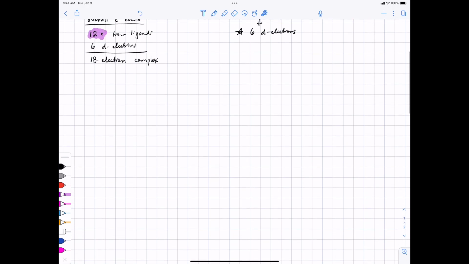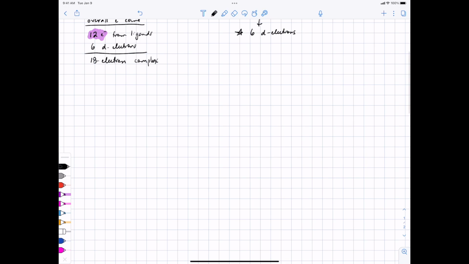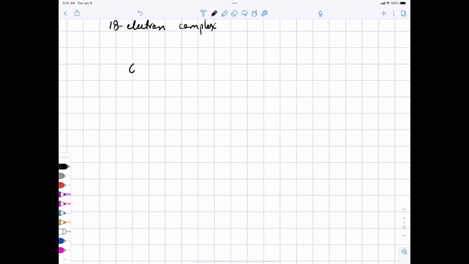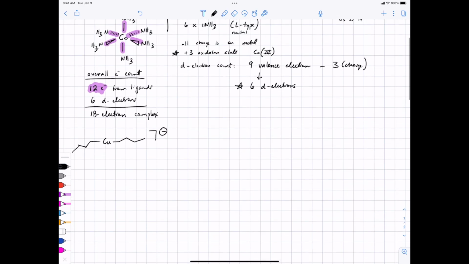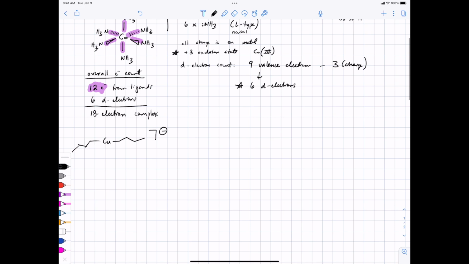Okay, let's do a couple other examples of transition metal complexes. Here is a cuprate complex involving, well, let's just say what these groups are. 1, 2, 3, 4, 1, 2, 3, 4. Good. This is a cuprate complex, and the overall charge is 1 minus. So let's first figure out what the ligands are. We have 2 basically R minus.